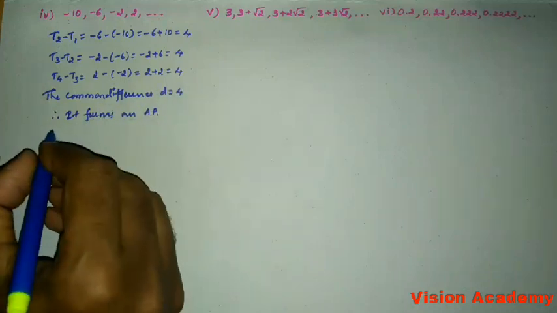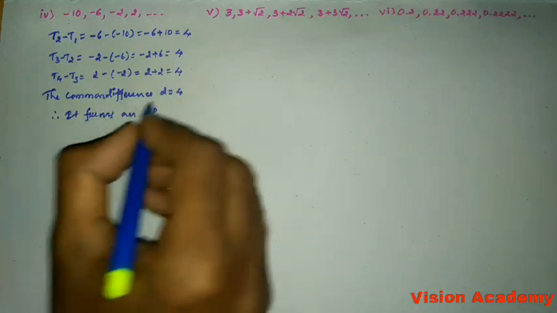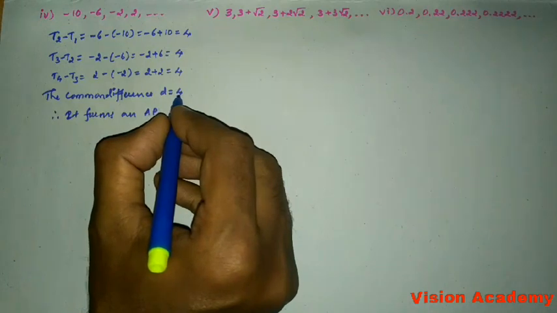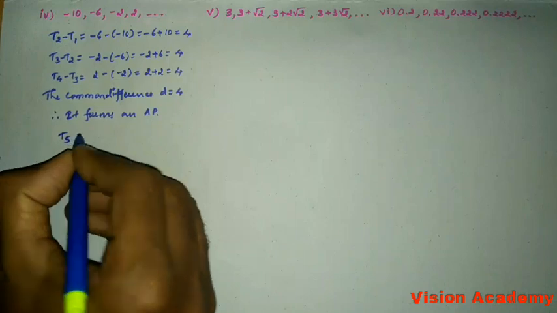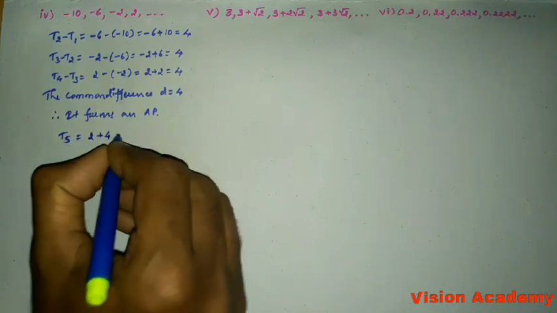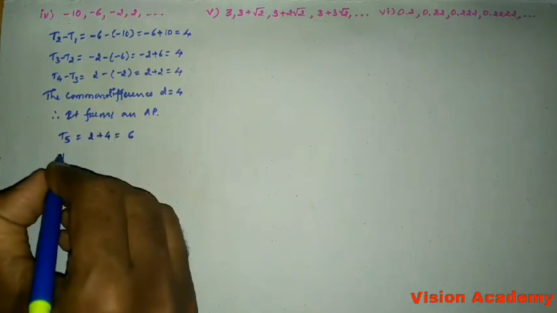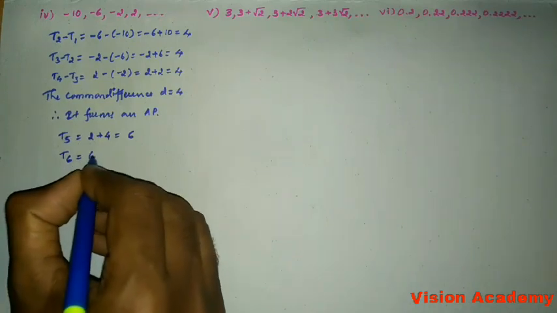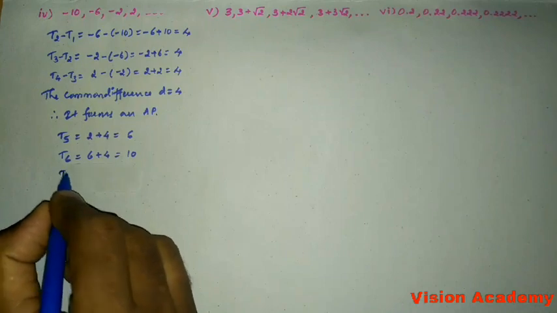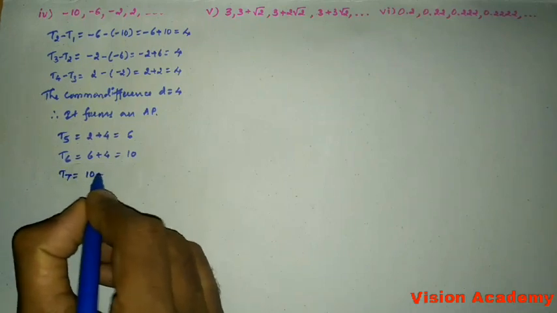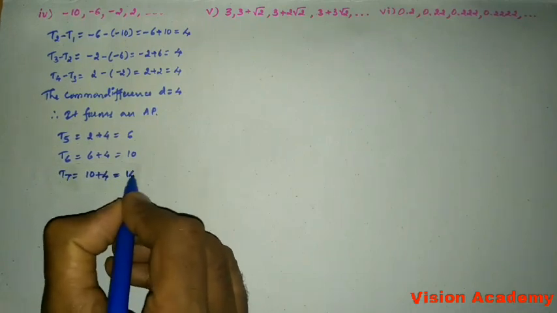Here we will write the next 3 terms by adding this common difference 4 to the last term. So T5 is equal to 2 + 4, which is equal to 6. T6 is equal to 6 + 4, which is equal to 10. T7 is equal to 10 + 4, which is equal to 14.